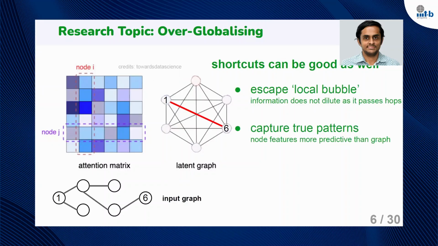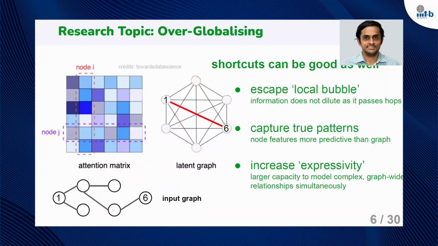And in some cases, these distant connections can also be useful. In cases where the node features are more predictive than the input graph, these attention mechanisms can be useful, and it increases the expressivity of the model. Attention is a well-known idea which has revolutionized NLP.